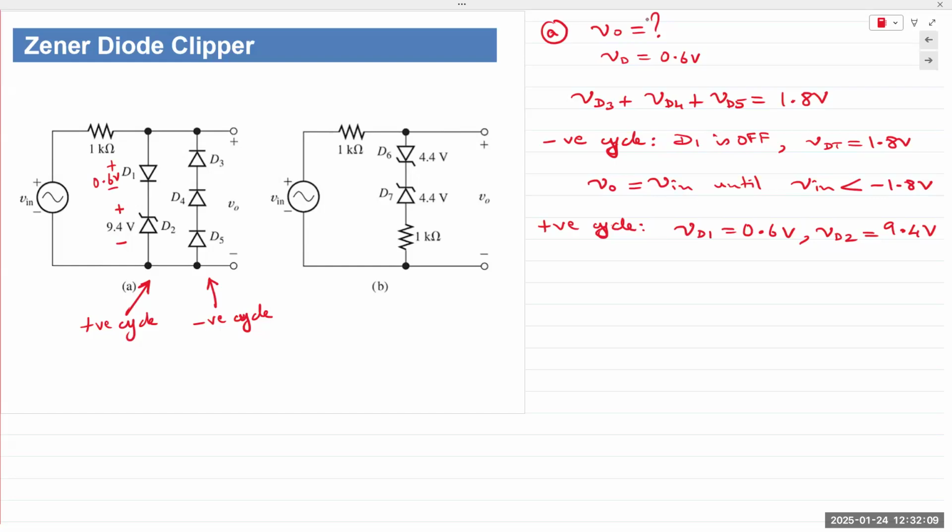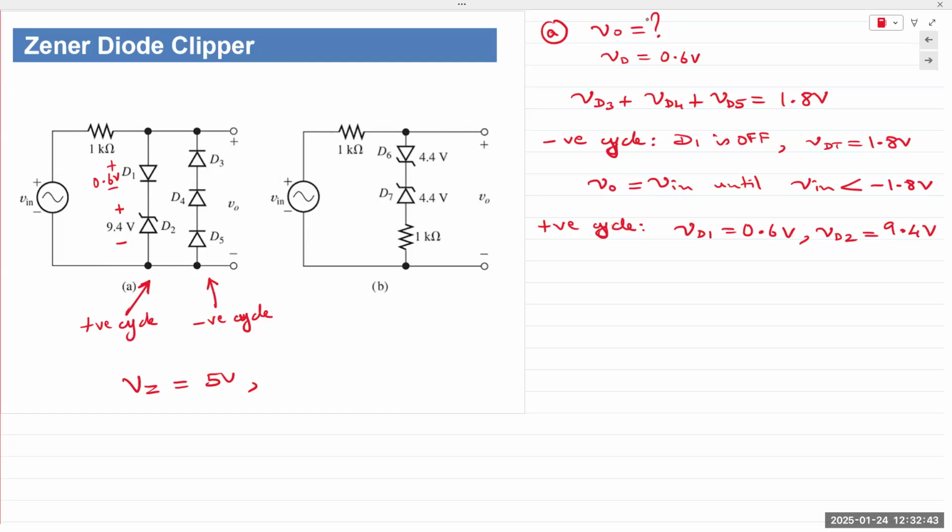So if VZ, for example, is rated for 5 volts, then for the Zener diode to turn on, the cathode must be 5 volts higher than the anode because it's used in reverse bias. Remember the voltage regulator that we just did last class? It always operates in reverse bias, reverse breakdown, third quadrant, meaning the cathode must be higher than the anode by VZ.